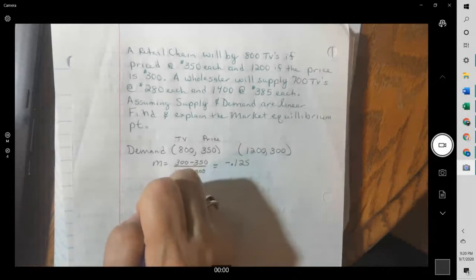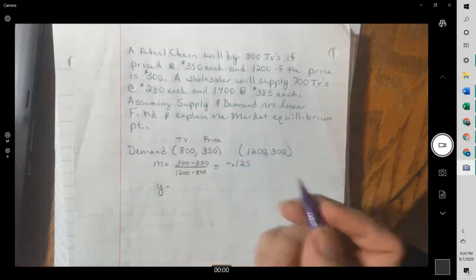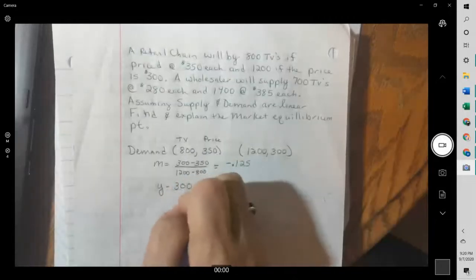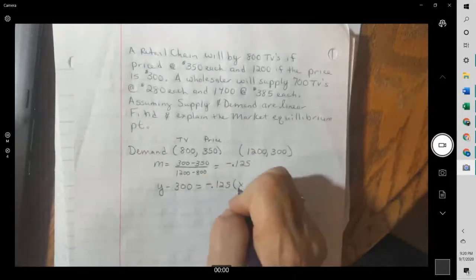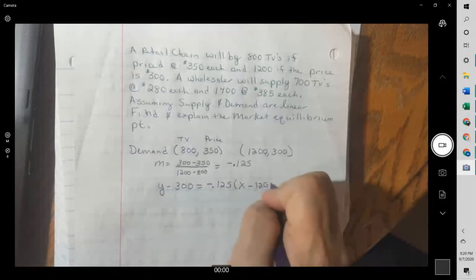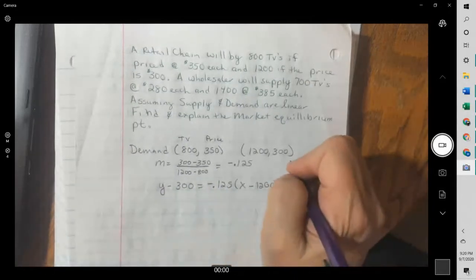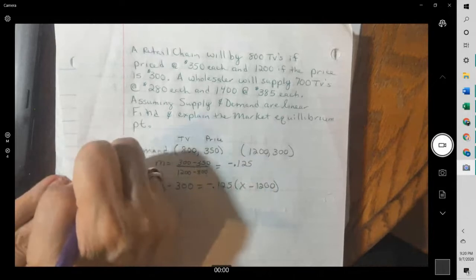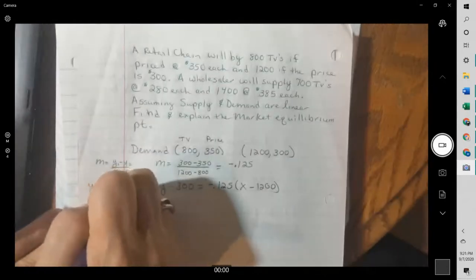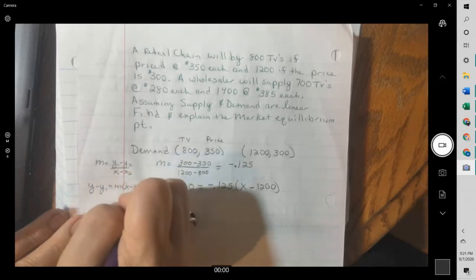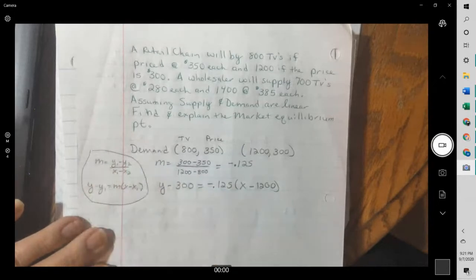And then y minus y1, use the 300, equals our slope times x minus 1,200. So the equations: m equals y2 minus y1 over x2 minus x1, and this is y minus y1 equals m times x minus x1, in case you need a little refresher.